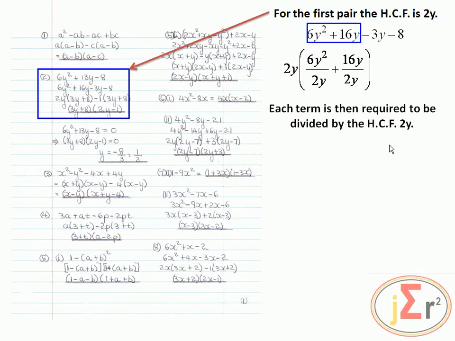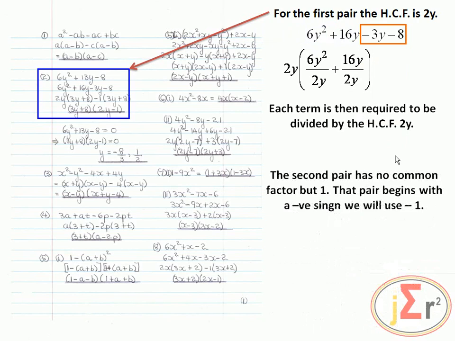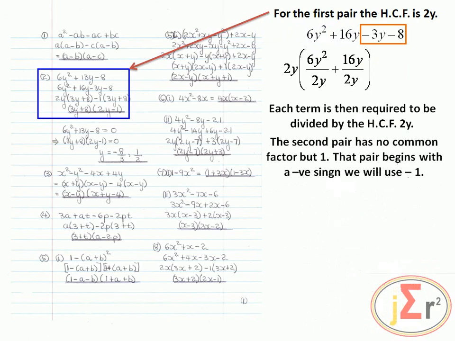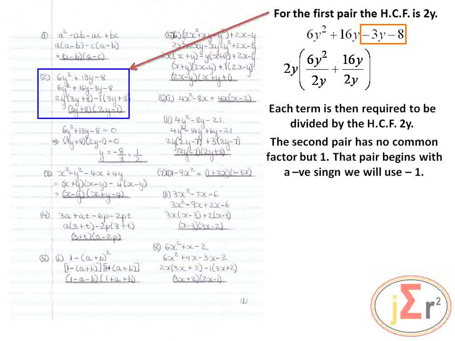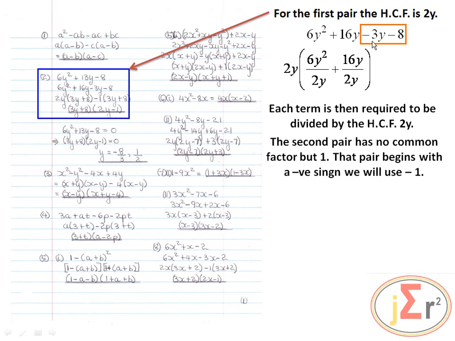What do we do? Go to the next pair, and what do we say? The second pair has no common factor but 1. That pair begins with a negative sign. We will use negative 1. As we see, there is no other number apart from 1 that can go into 3 and 8.